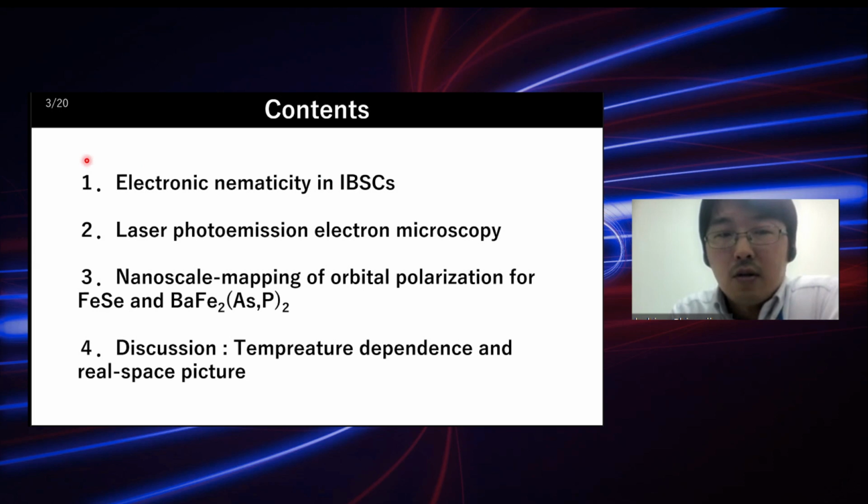First, I would like to introduce the electronic nematicity in iron-based superconductors and also the laser photoemission electron microscopy. And third, I will show our results of nanoscale mapping of orbital polarization for iron selenide and phosphorus-doped barium 122 systems. And finally, I will discuss the temperature dependence and the real space picture.